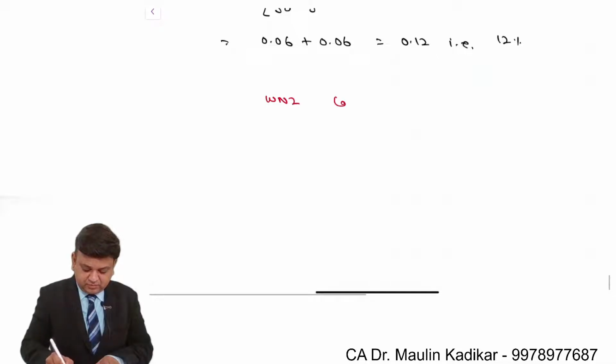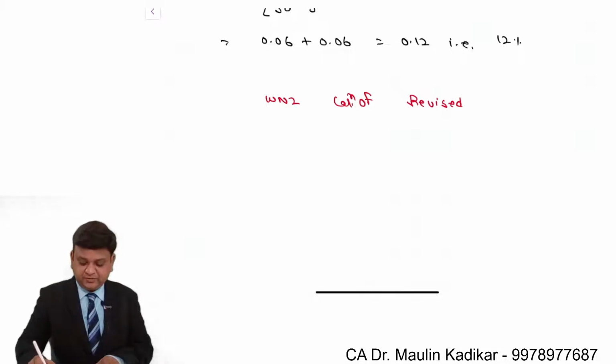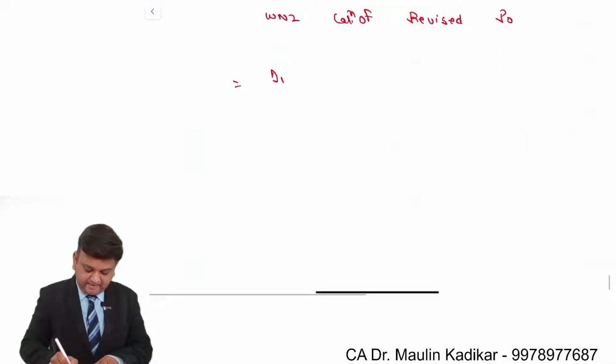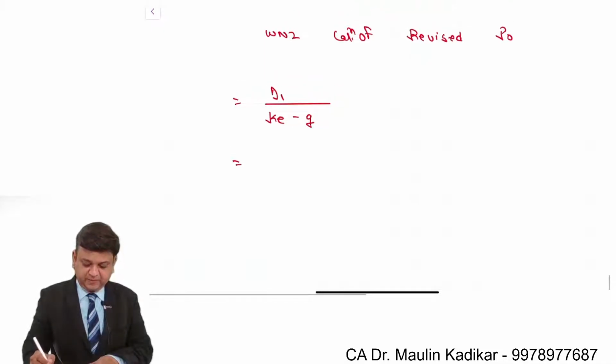Working note number 2: calculation of revised P0. It is D1 divided by K minus g.